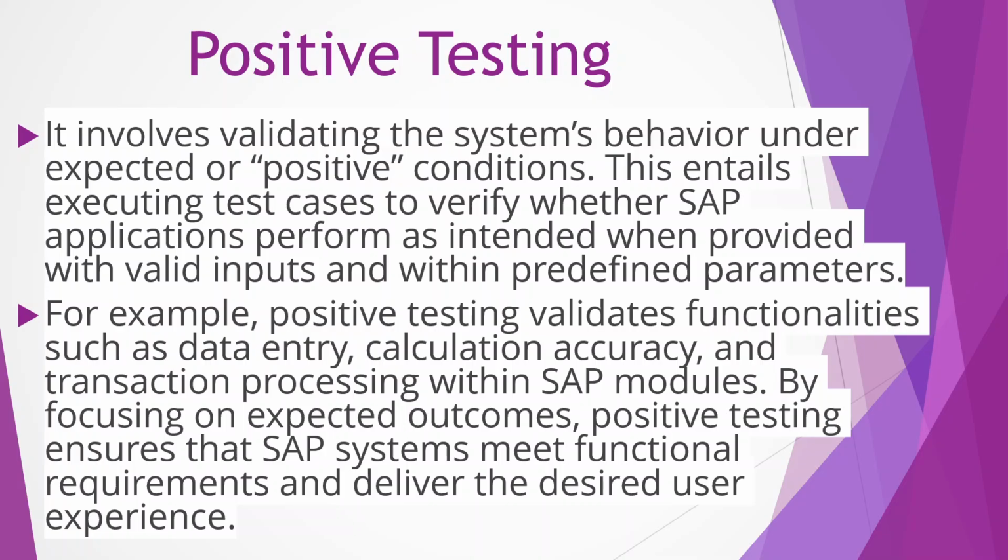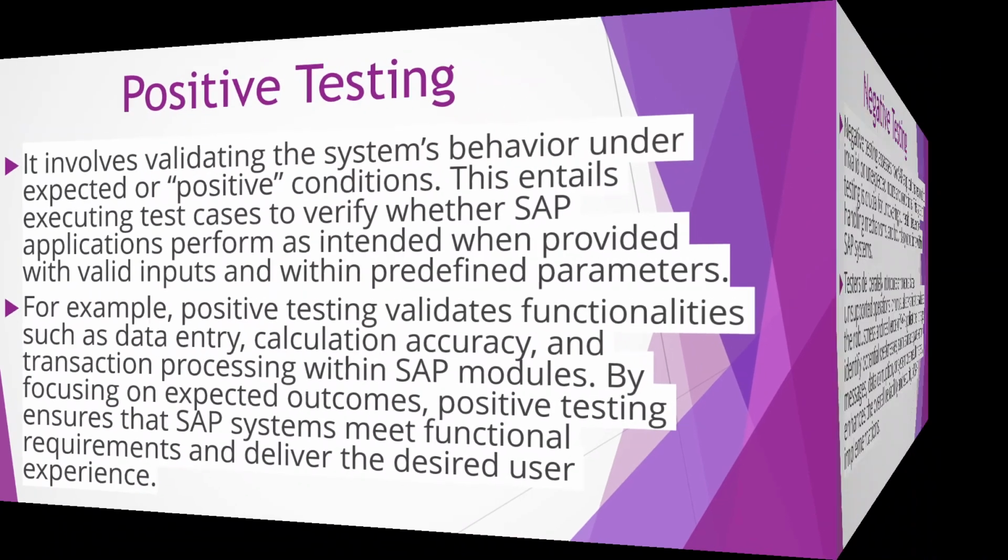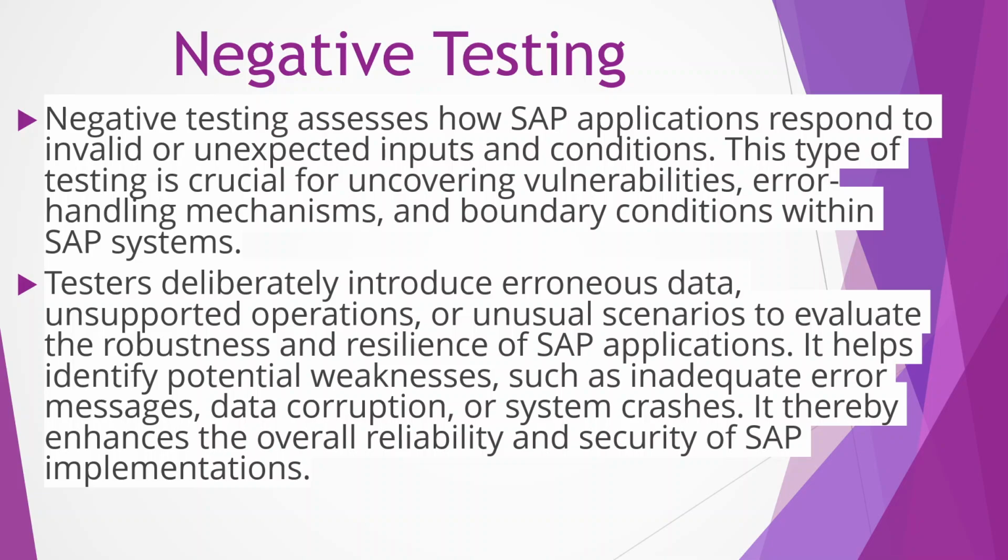Let's move to the next slide. Negative testing. Negative testing basically checks how SAP applications respond to invalid or unexpected inputs or end conditions. This type of testing is crucial for uncovering the system's vulnerabilities, error handling mechanisms, and boundary conditions within the SAP system.